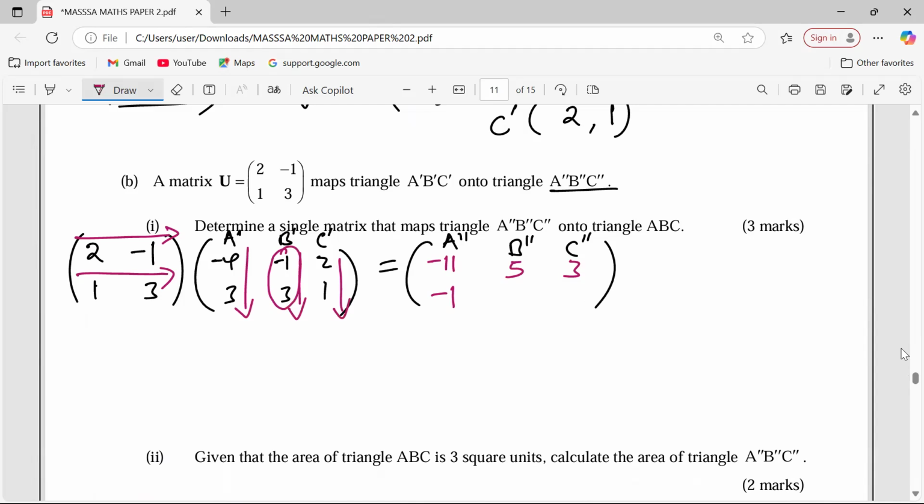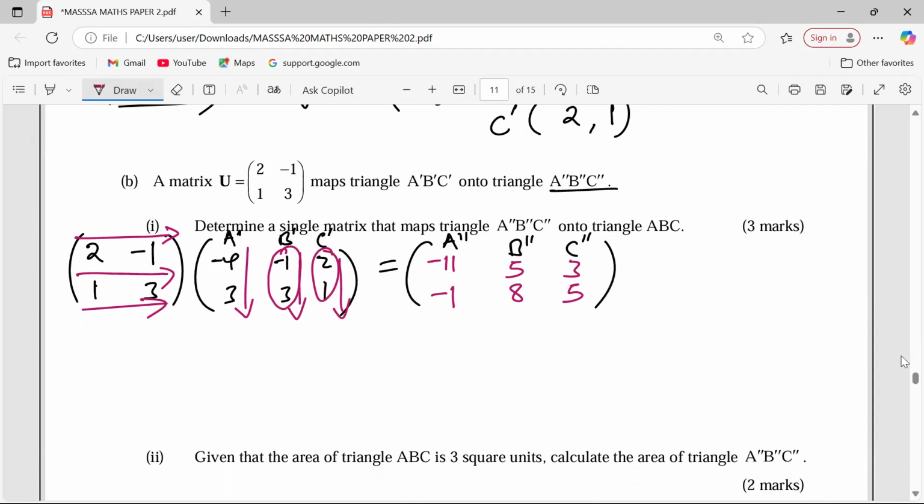Then 3 into 3, giving us 8. And finally, the same row and the very last column. So 1 and 2 plus 3 into 1. This will give us exactly 5. So now we have the coordinates of A double prime, B double prime, and C double prime.